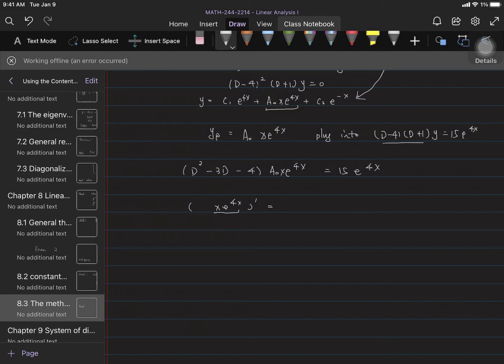So this becomes x e to the 4x, first derivative by the product rule: f prime g, which is e to the 4x, plus x times g prime, so times 4 times e to the 4x, right? And if I simplify this, it is like 1 plus 4x.